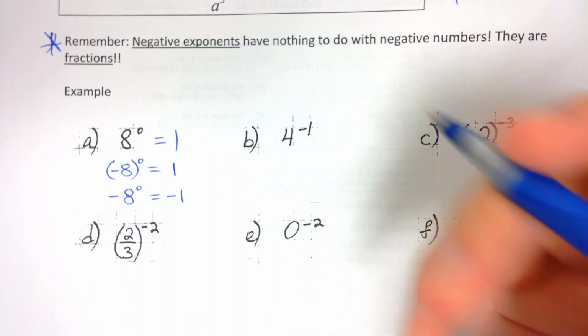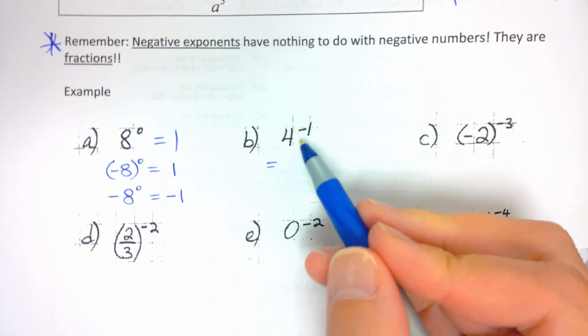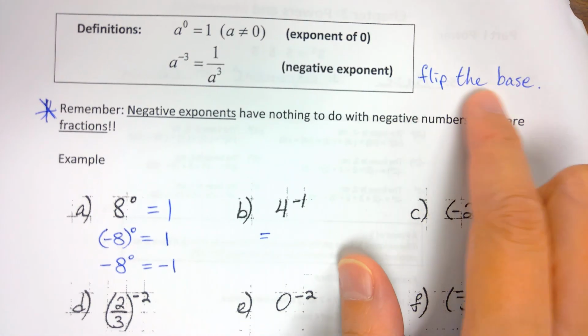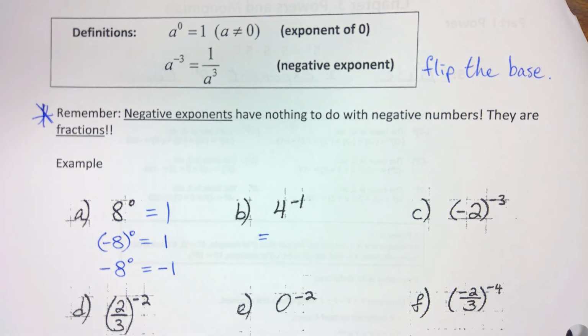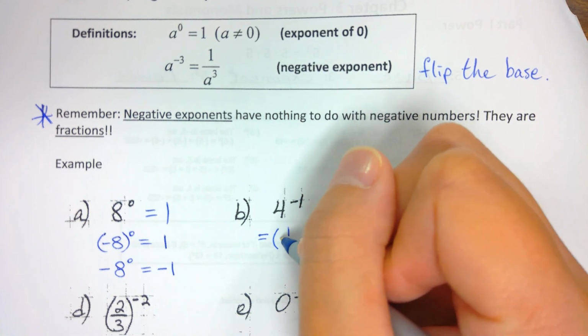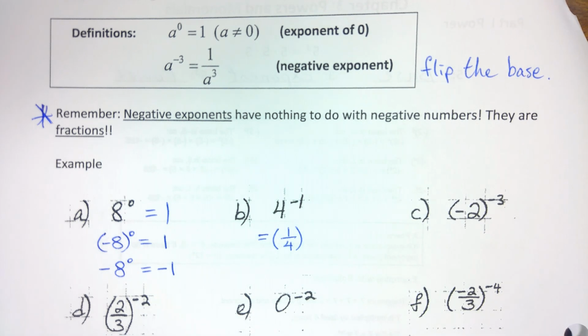Okay, so this one, 4 to the power of negative 1. What's my base here? What number is my base? 4. Good. As we said, with a negative exponent I have to flip my base. So when you flip the number 4, what do you get? 1 over 4. 4 is the same as 4 over 1, so when you flip it, you get 1 over 4.